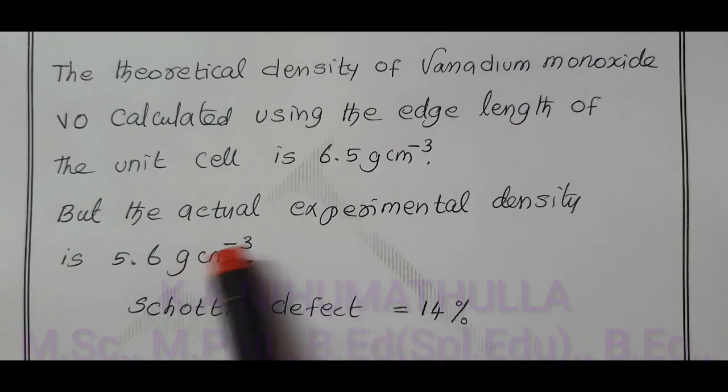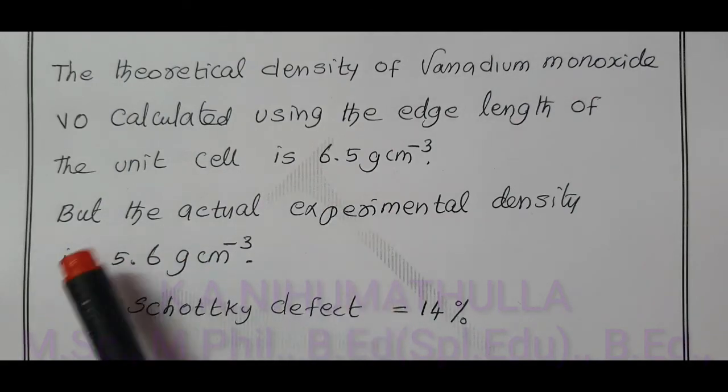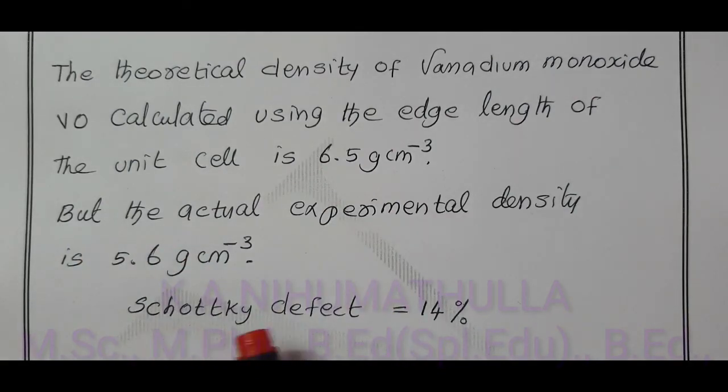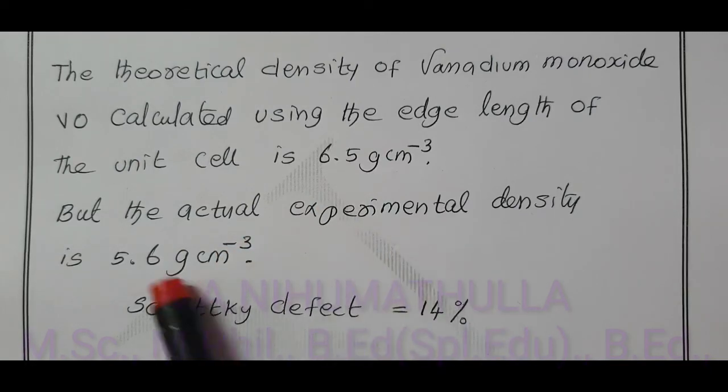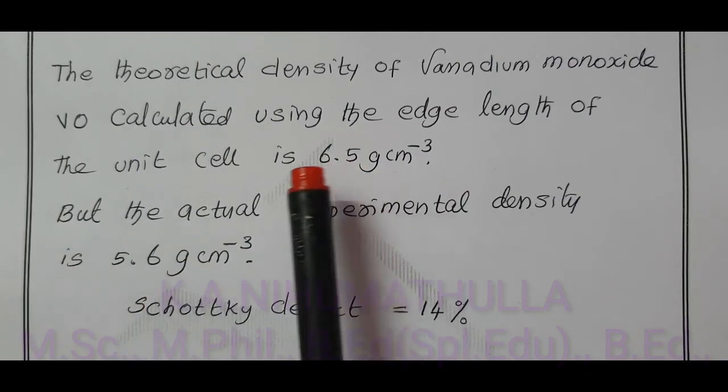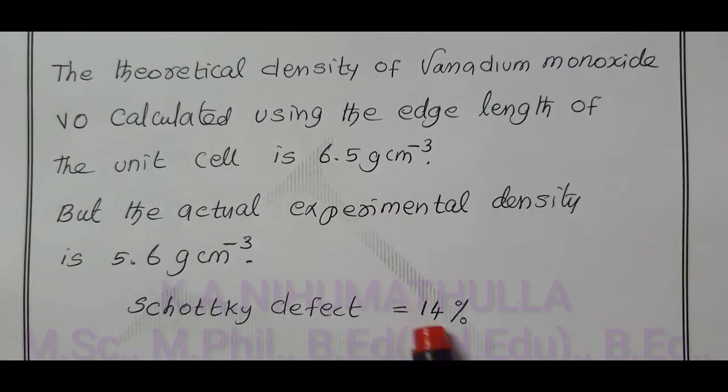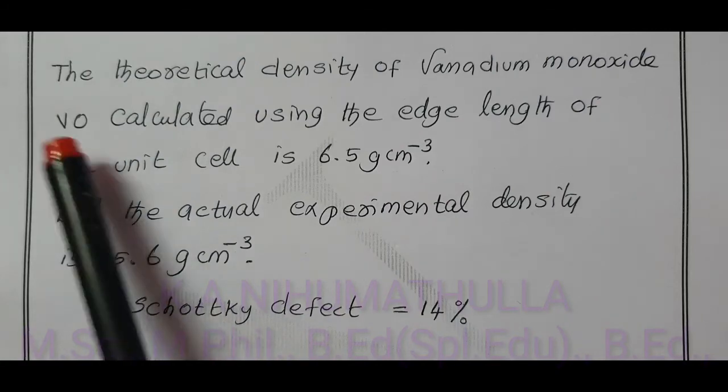So this implies Schottky defect is about 14%. Schottky defect arises from the missing of anions and cations. Therefore, the experimental value is 5.6 and the calculated value is 6.5. This is the Schottky defect in the vanadium monoxide crystal.